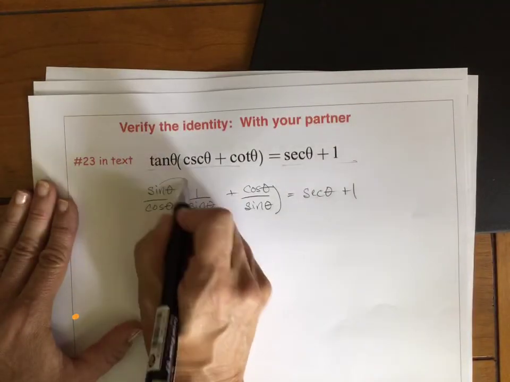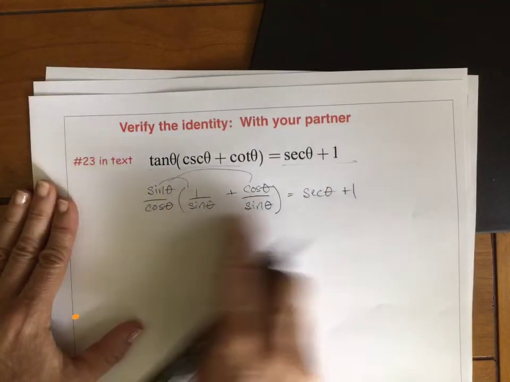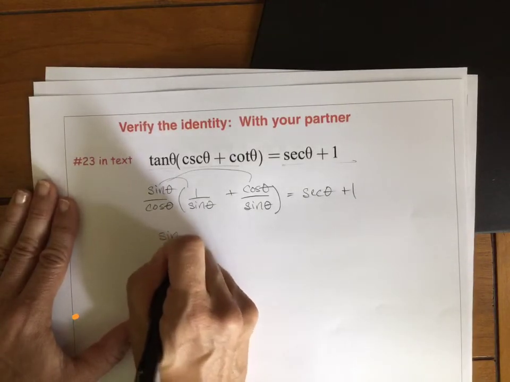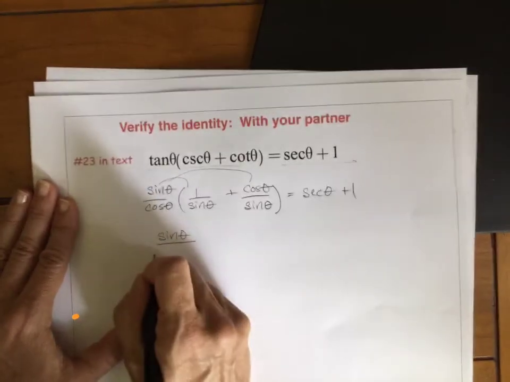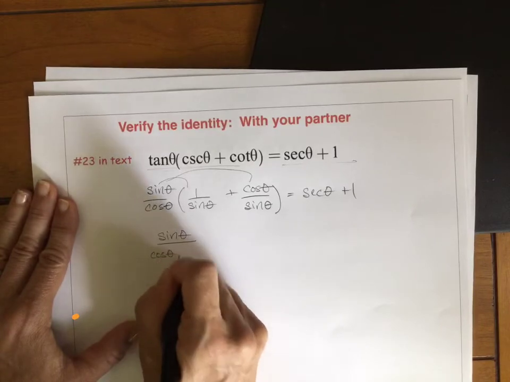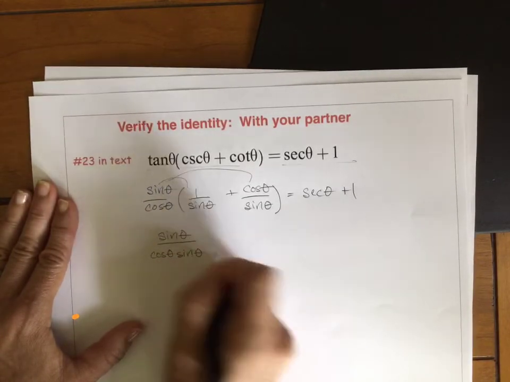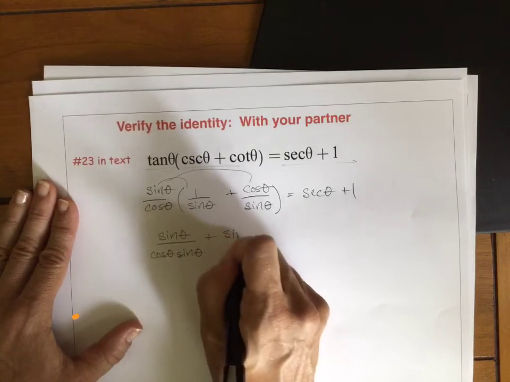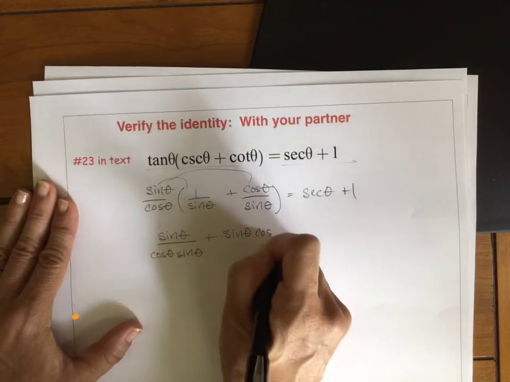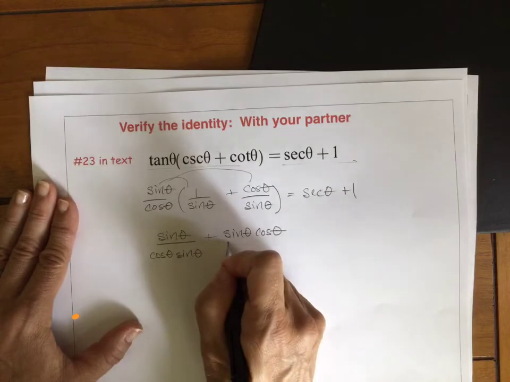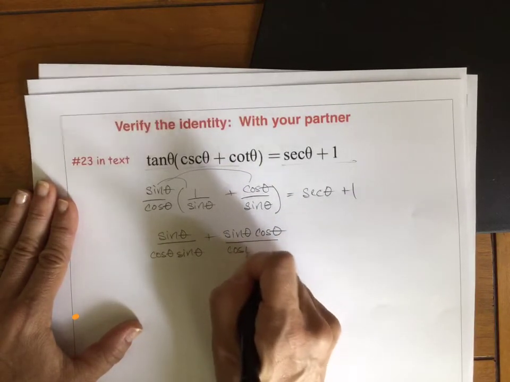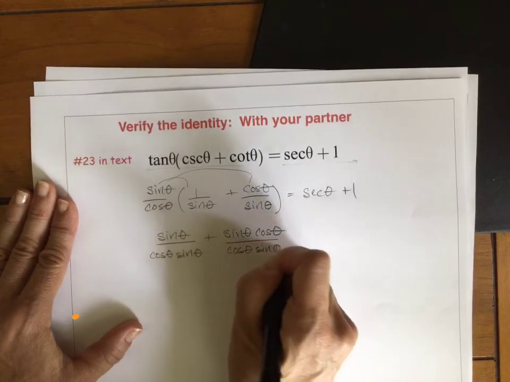Okay, so now I want to distribute because this shows multiplication. So I end up getting sine of theta all over cosine theta sine theta plus sine theta cosine theta all over cosine theta sine theta.